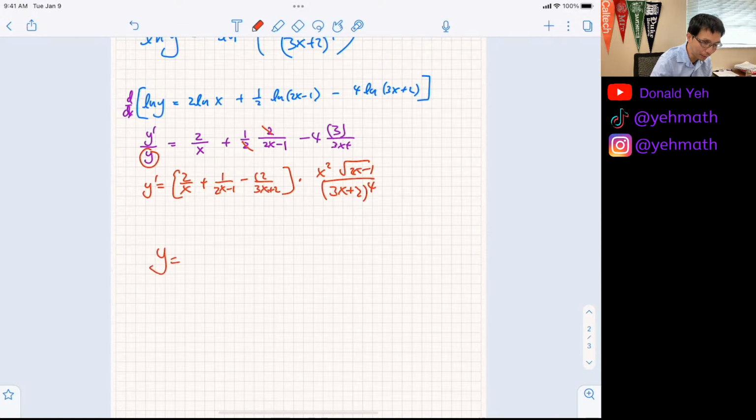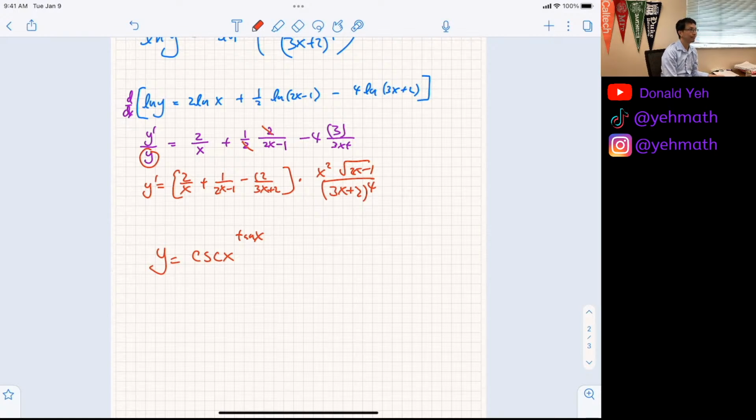So how do I take a derivative of something to the something power?